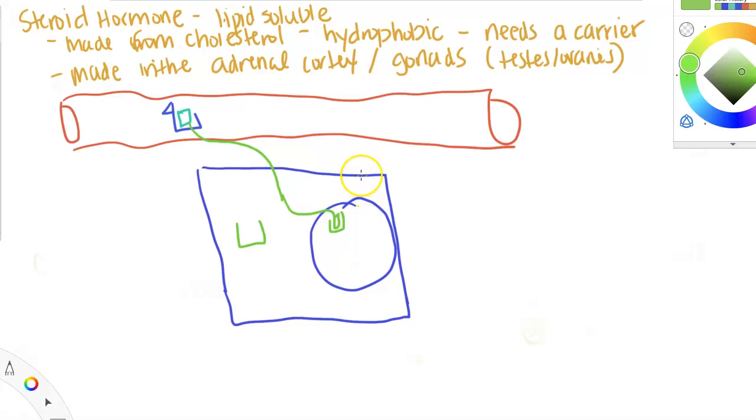The response for a steroid hormone is going to be protein synthesis. That is the response.